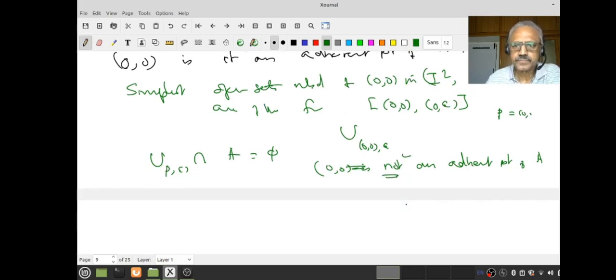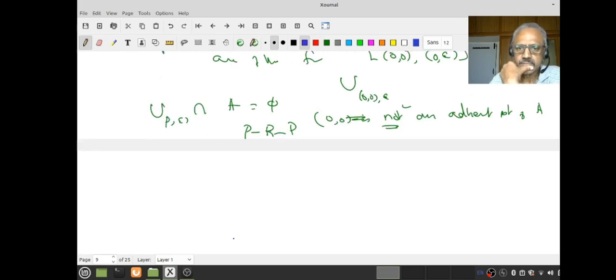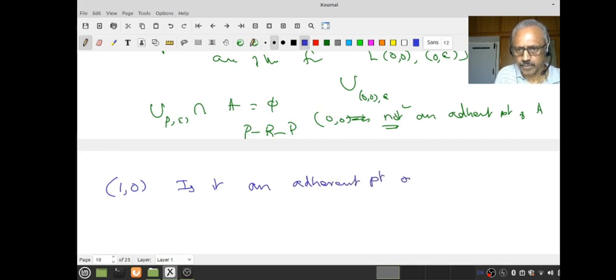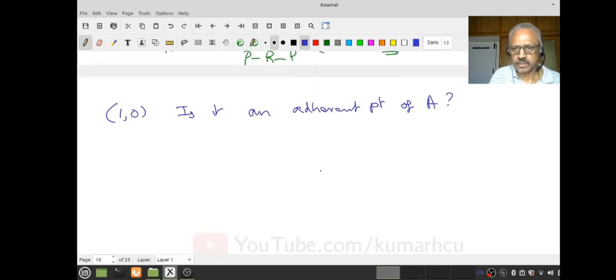Pause, review, proceed. Now for the same set, let us look at (1,0). Is this an adherent point? Let's look at the picture.